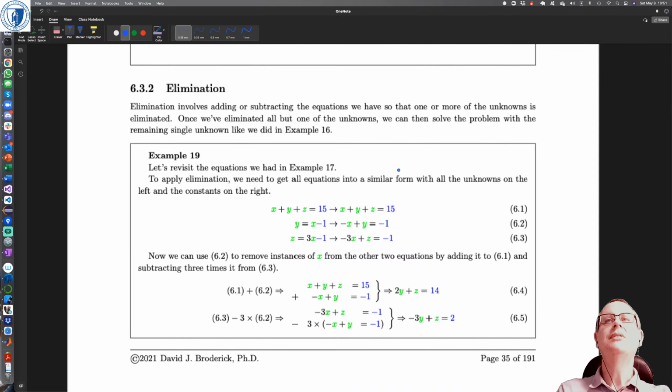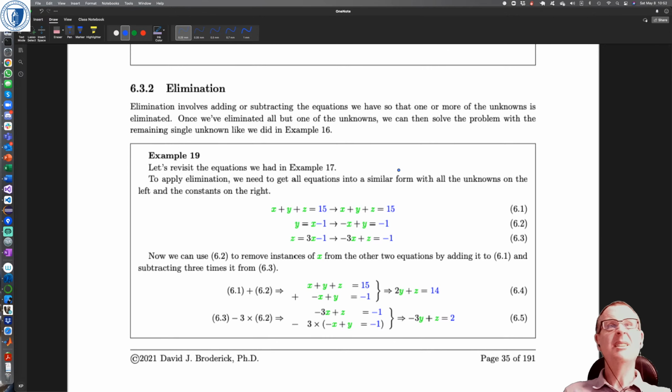Right, another way to do it is a technique called elimination. And here we treat the three equations by adding or subtracting multiples of one from the other in order to eliminate one of the variables.